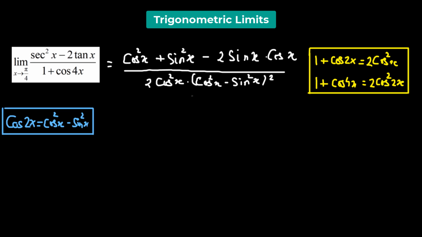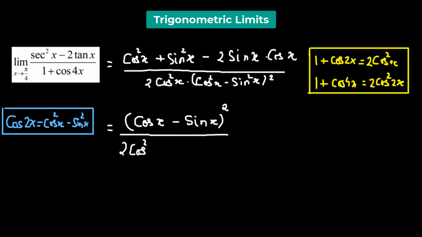Now the numerator gives us the identity a squared plus b squared minus 2 times a and b. So that means the numerator is simply cosine of x minus sine of x whole squared divided by 2 times cosine squared x.